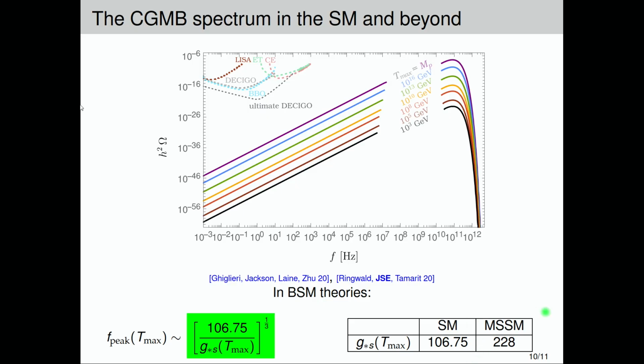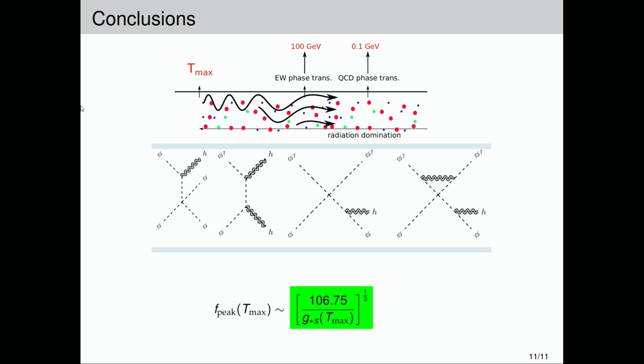If you, for example, have the minimal supersymmetric standard model at these ultra-high temperatures, then the peak would shift to slightly lower frequencies. So you could really distinguish standard model and beyond the standard model theories by determining the peak frequency. Okay, because I'm running out of time, that's my conclusion. Yeah, thanks for your attention.